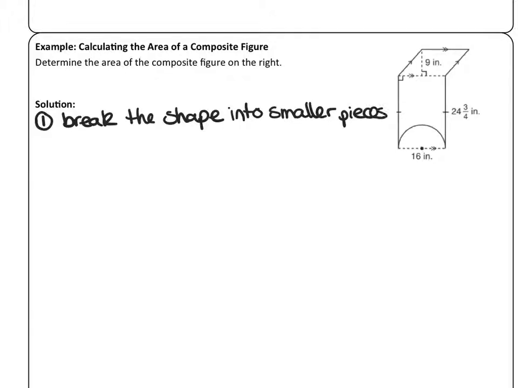Now, in this shape, I'm noticing that I have up here a parallelogram. I have a rectangle here, and I have a half circle that is cut out.